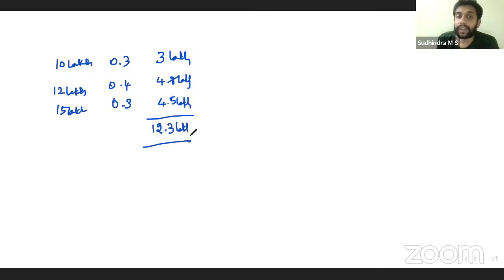So how do I calculate variance? This is net cash flow, likely. This is expected cash flow. So X, net cash flow, minus expected cash flow, X minus X bar, the whole square. So 10 minus 12.3, the whole square. 12 minus 12.3, the whole square. 15 minus 12.3, the whole square.